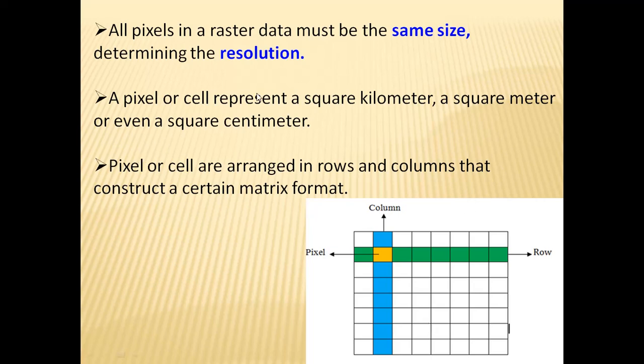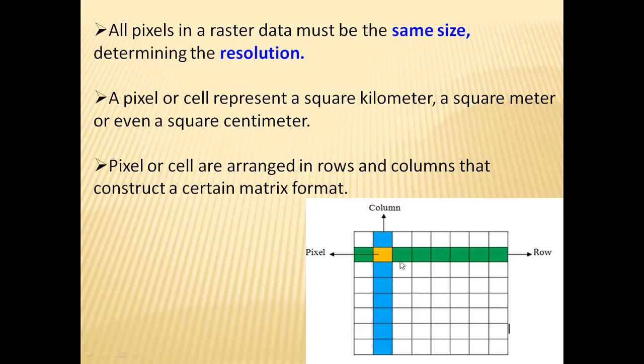All pixels in raster data must be the same size, determining the resolution. A pixel or cell represents a square kilometer, square meter, or even a square centimeter. Pixels or cells are arranged in rows and columns that construct a certain matrix format. This is a column and row.